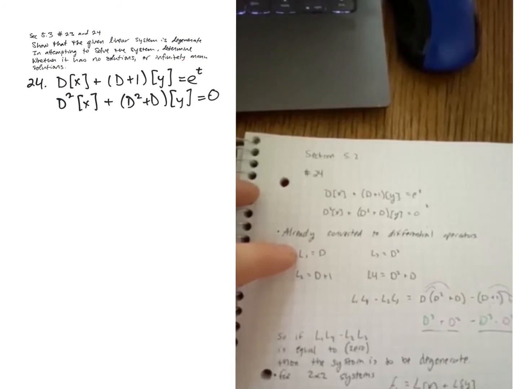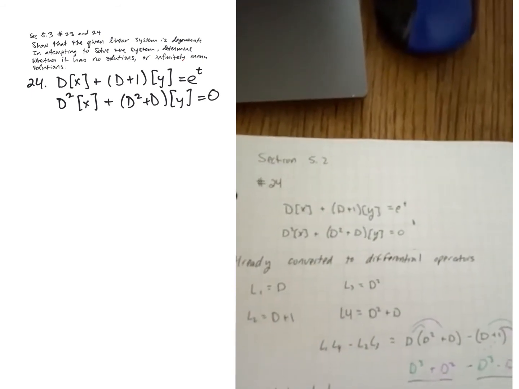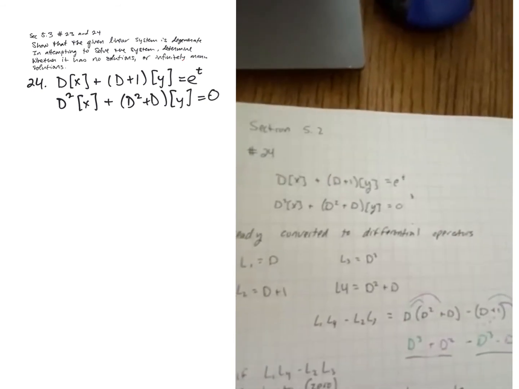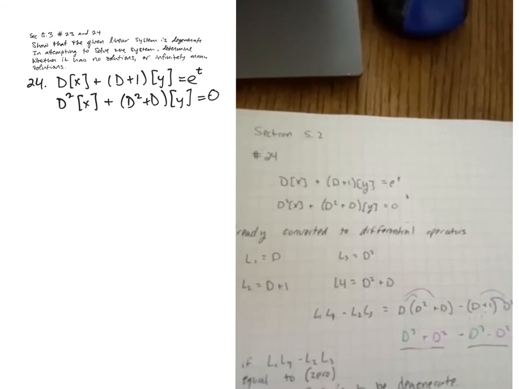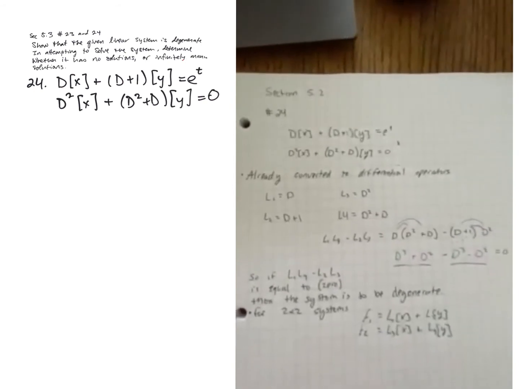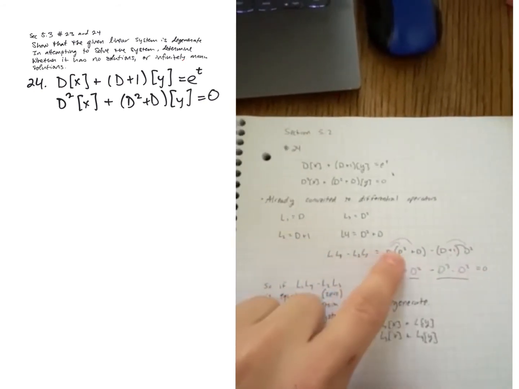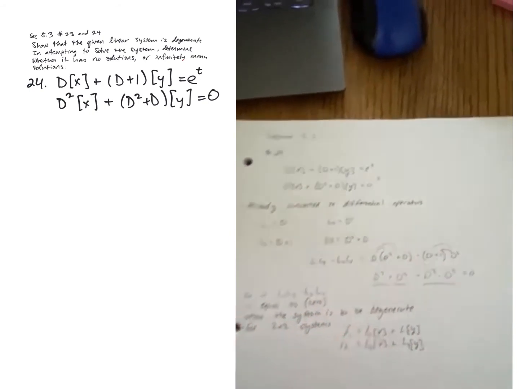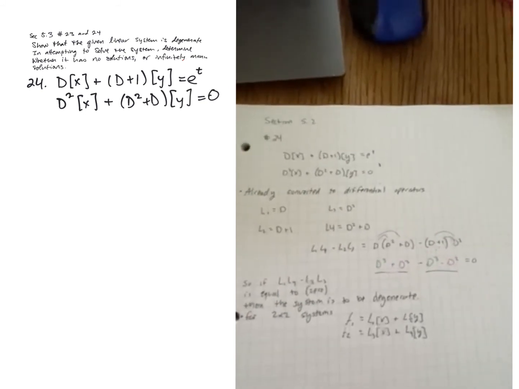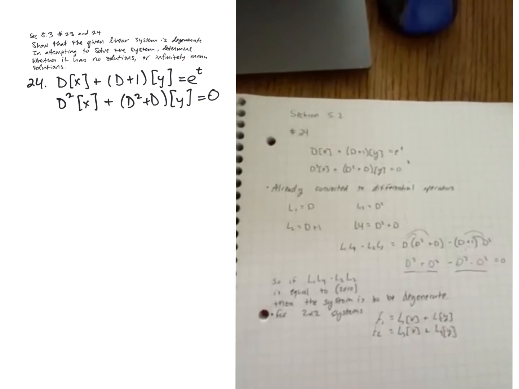So here you can see L1 is D, L2 is D plus 1, L3 is D squared, and L4 is D squared plus D. So if it turns out that L1 L4 minus L2 L3 is a 0 operator, the system is degenerate, which is shown here. So showing how it factors out, D cubed plus D squared minus D cubed minus D squared we set equal to 0, which means the whole operator system is degenerate.